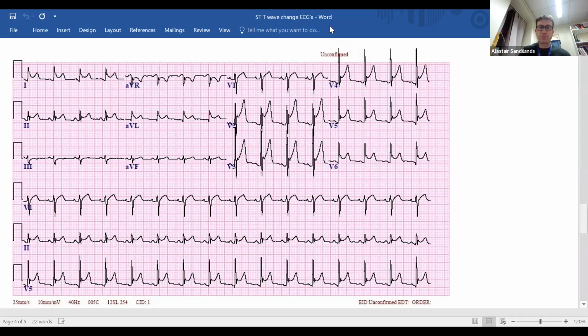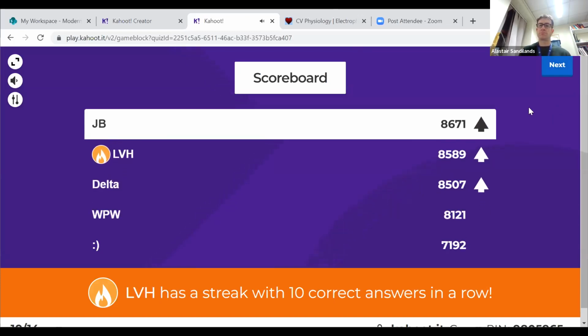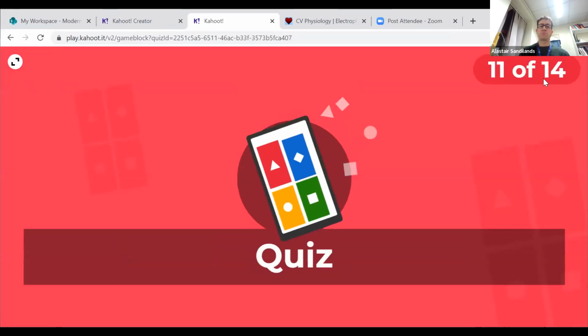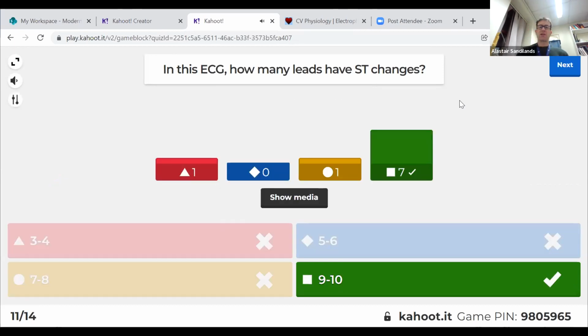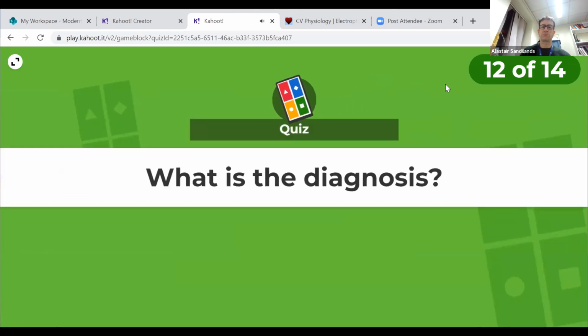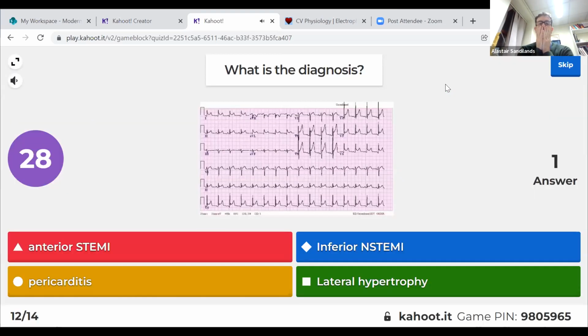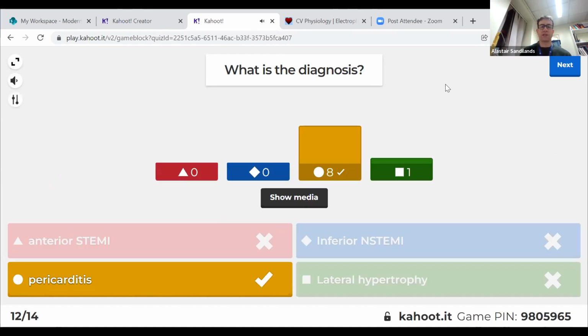Okay. 9 to 10, well done. Yeah, so pericarditis.